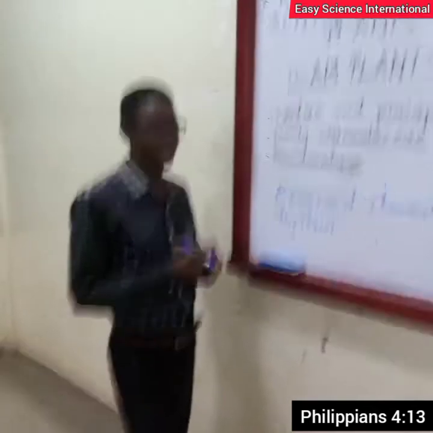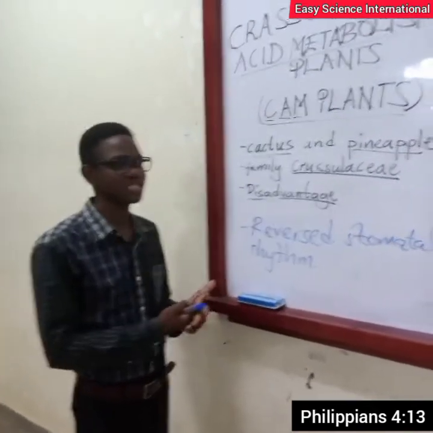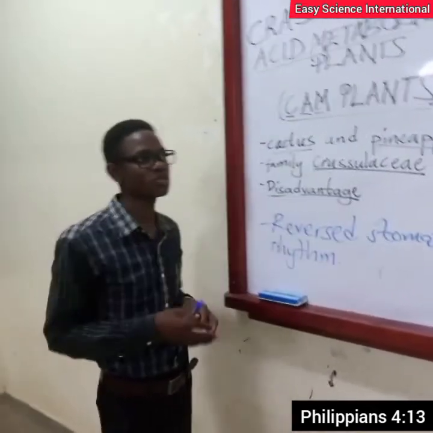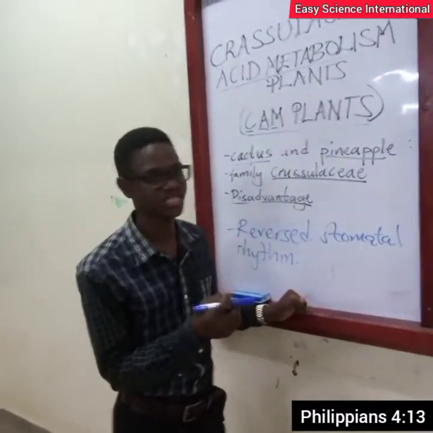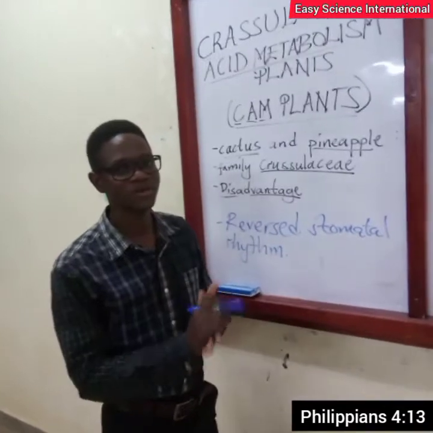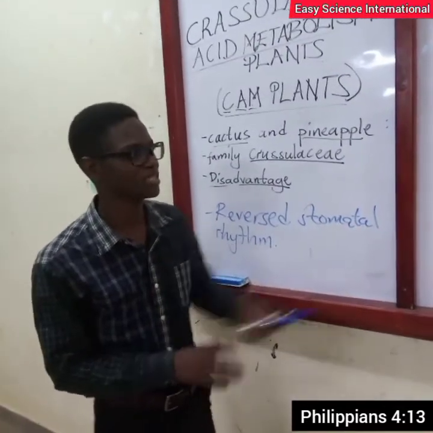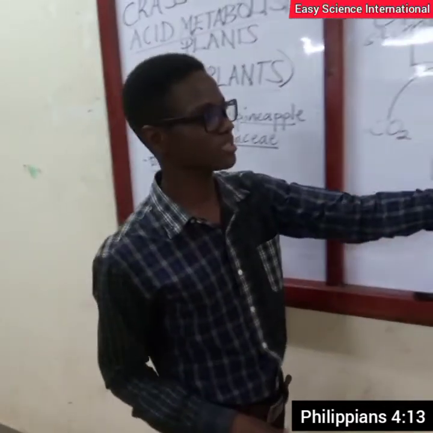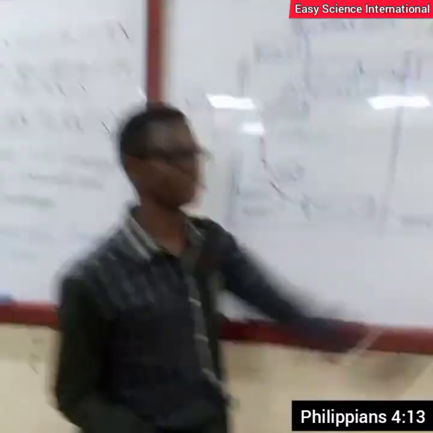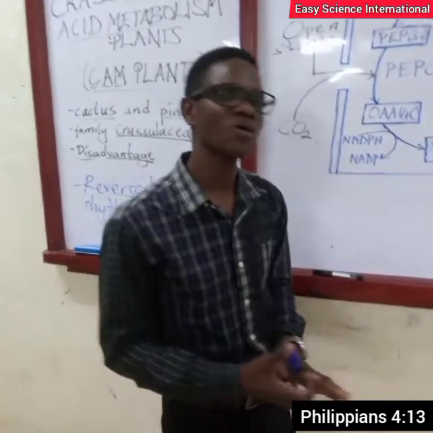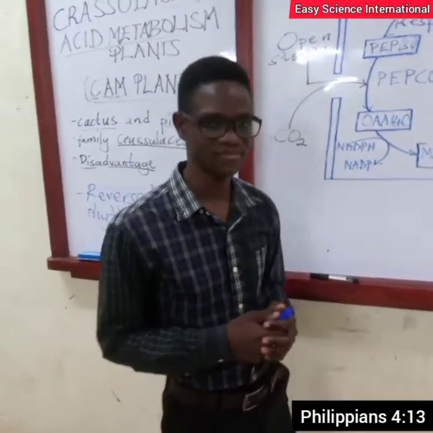So that necessitates them to carry out photosynthesis partly at night and partly during the day. How? During the night, when the stomata are open, they accept carbon dioxide, go through this process, and during the day, they go through this process and they form carbohydrates. In brief, that's how plants photosynthesize.